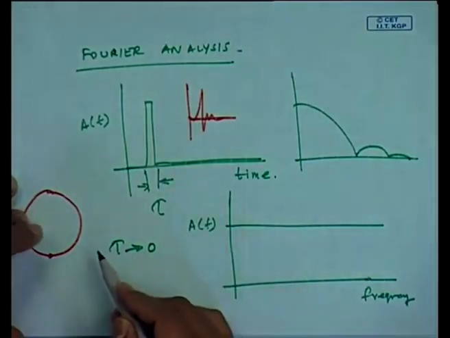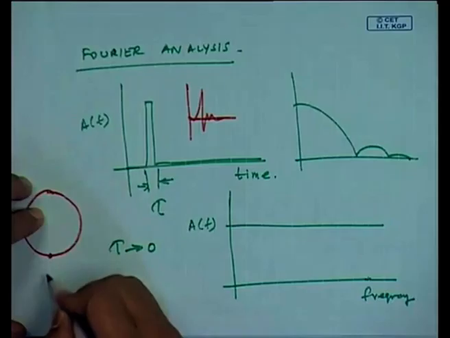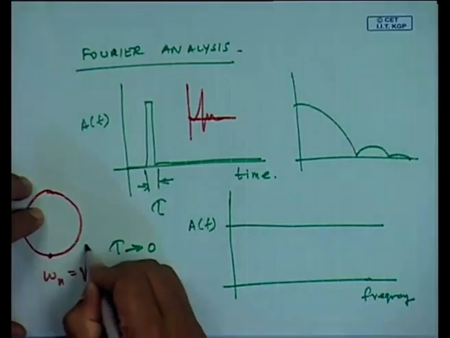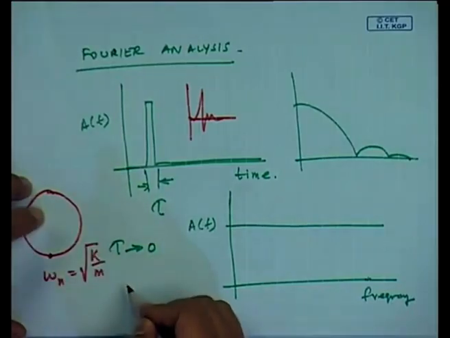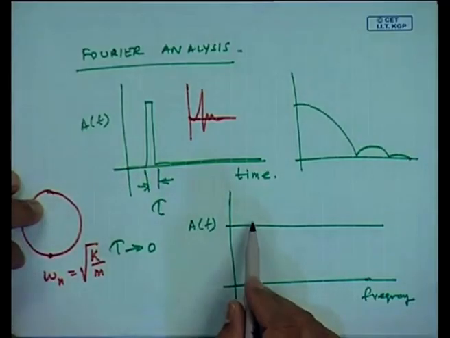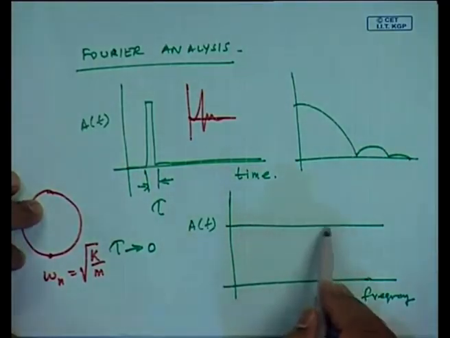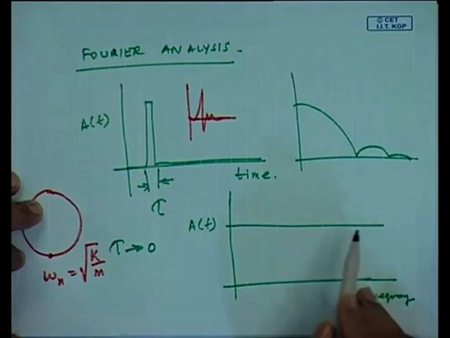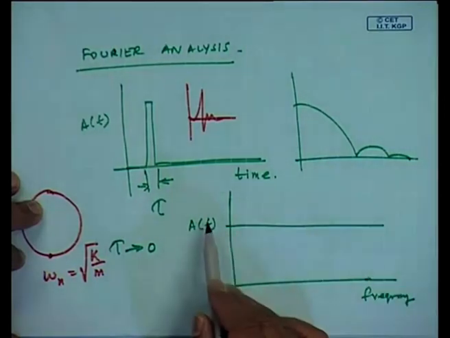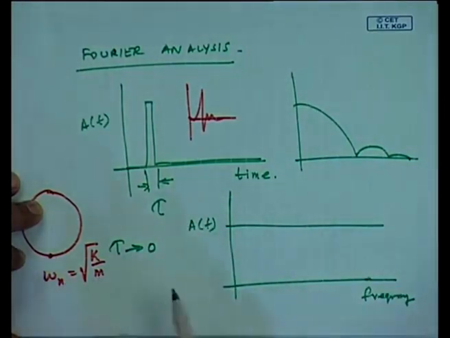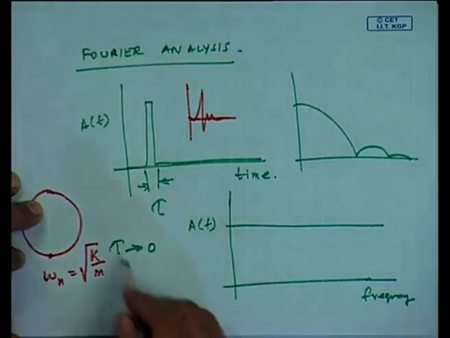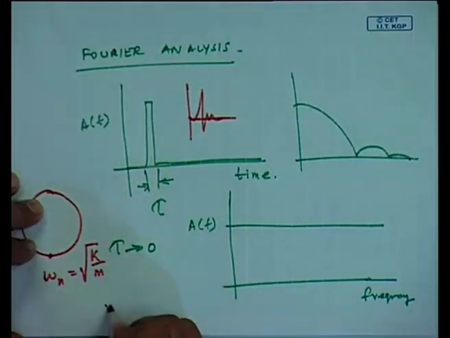So, if this mechanical system, which has a stiffness and a natural frequency omega equal to the square root of k by m, is getting excited by a forcing function wherein all the frequencies are excited, obviously its natural frequency will get excited.